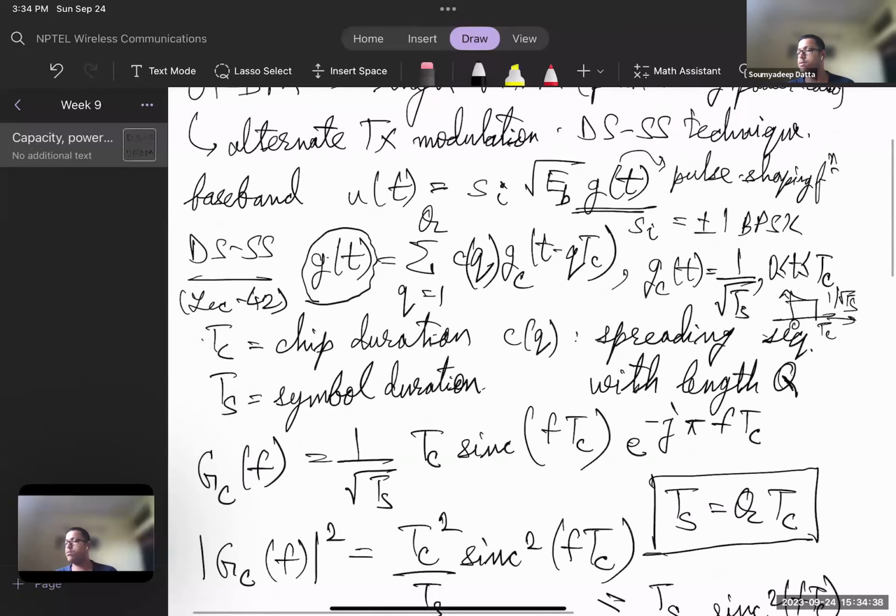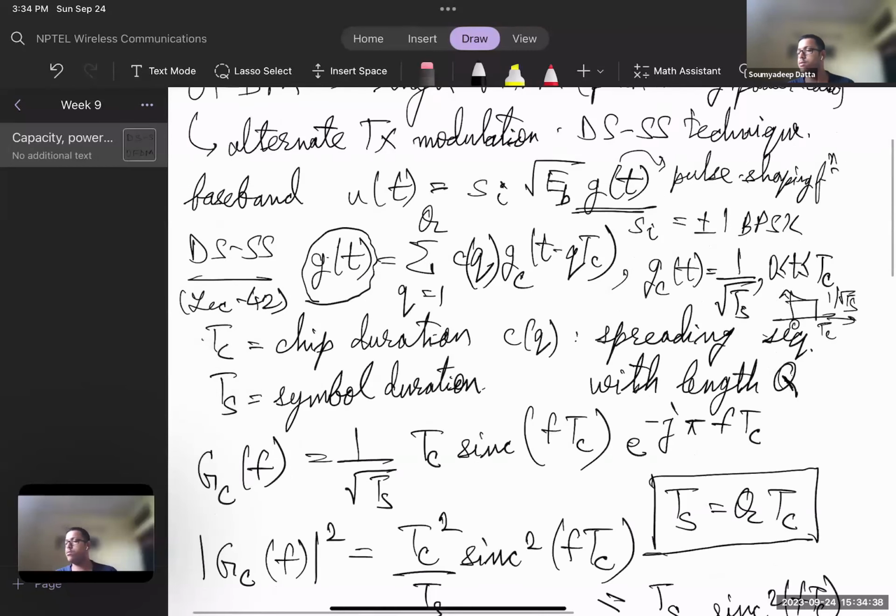So this is how you do modulation. Essentially, we have to find out the value of Ts here, and we are given in the question Rs, which is 125 kilobaud. So the symbol duration Ts is 1 by Rs. If you solve it, you will get 8 microseconds, right?